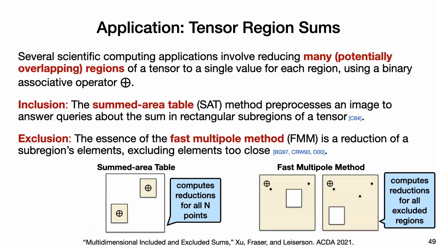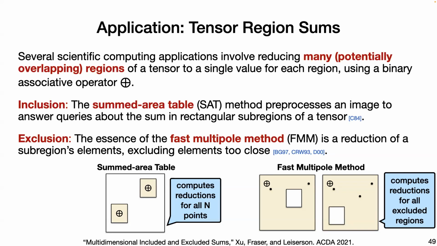Yes, I do want to talk about it. So another application, more complicated than the previous ones, is called tensor region sums. In a lot of scientific computing applications, you may want to compute potentially overlapping regions of a tensor and you want to reduce them into some single region. So in summed area table, like we just saw, basically you want to compute arbitrary rectangles.